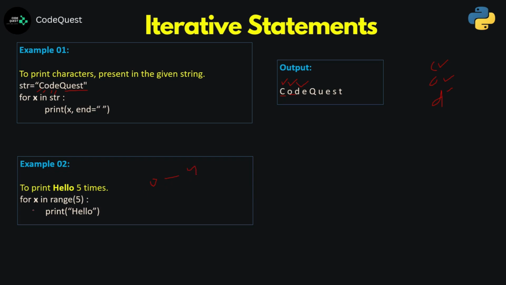So x is going to take up 0, then 1, then 2, and likewise up to 4, which means the body will be executed 5 times, as a result of which hello is printed exactly 5 times here.